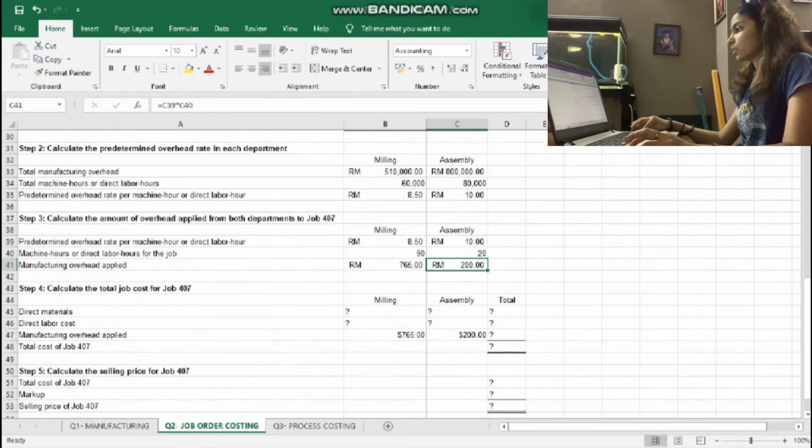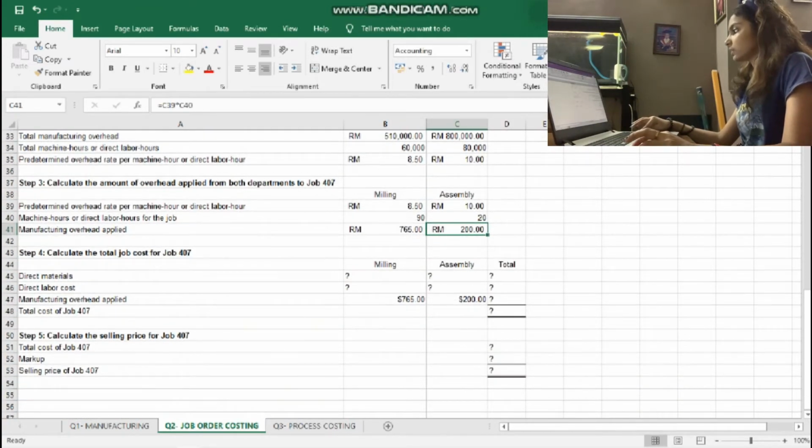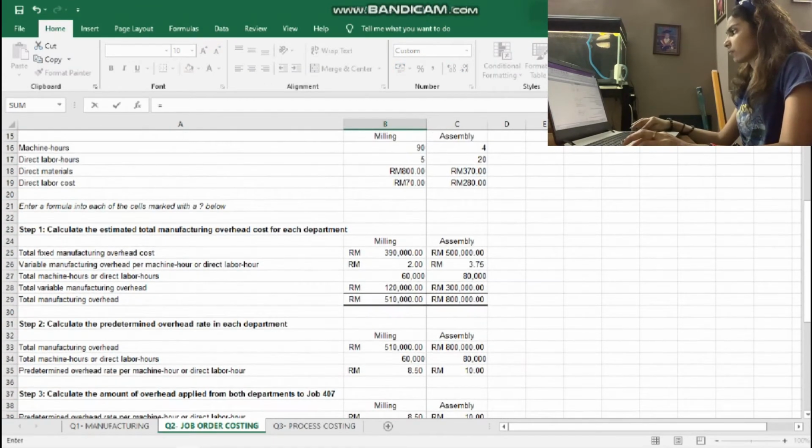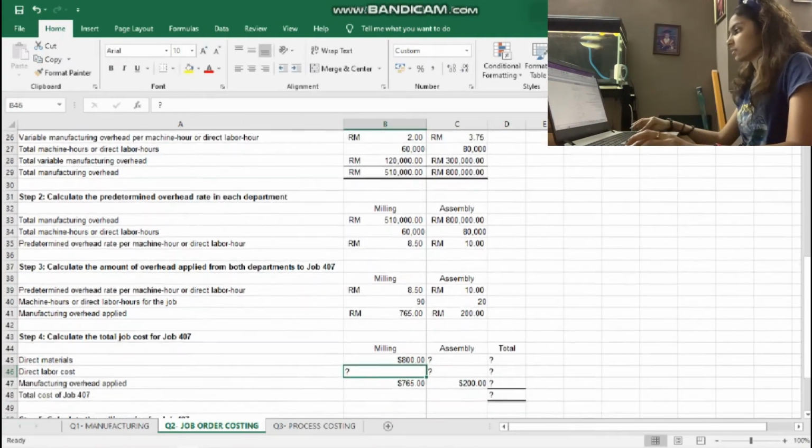Okay, so for the fourth step, calculate the total job cost for job 407. Okay, direct materials for milling is 800.